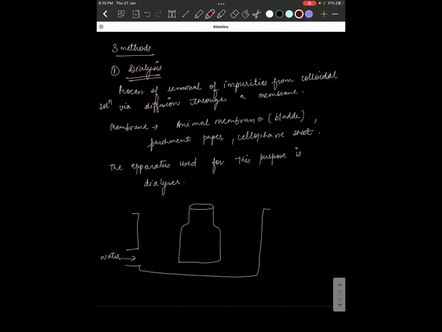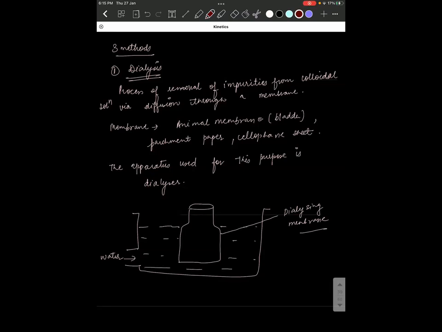This beaker has a dialyzing membrane on its wall, the membrane we were talking about. It can be animal membrane, parchment paper, or cellophane sheet.